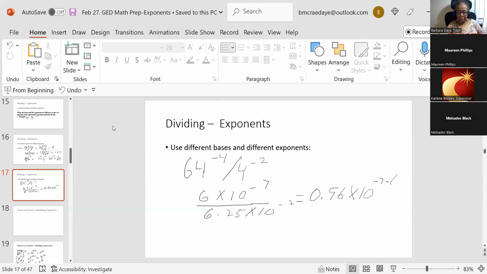Minus a minus 2. So we subtract, right? So that's 0.96.